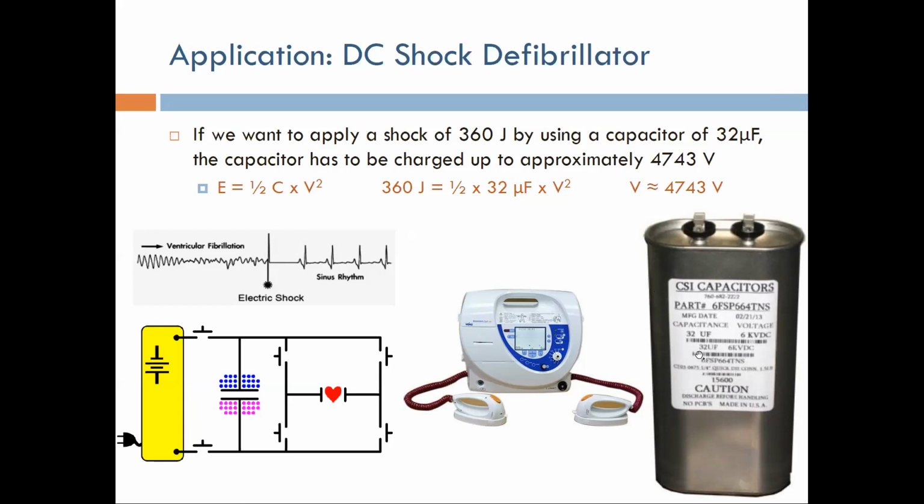It has a capacitance of 32 microfarads. If I put this here and compute V, you're going to find that V should be about 4,743 volts. The rating of this capacitor, as you see here, is 6 kilovolts, so this should be enough.